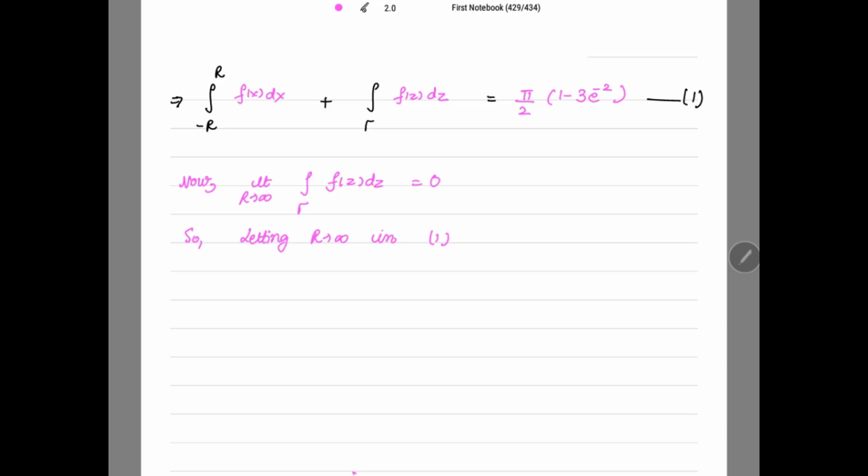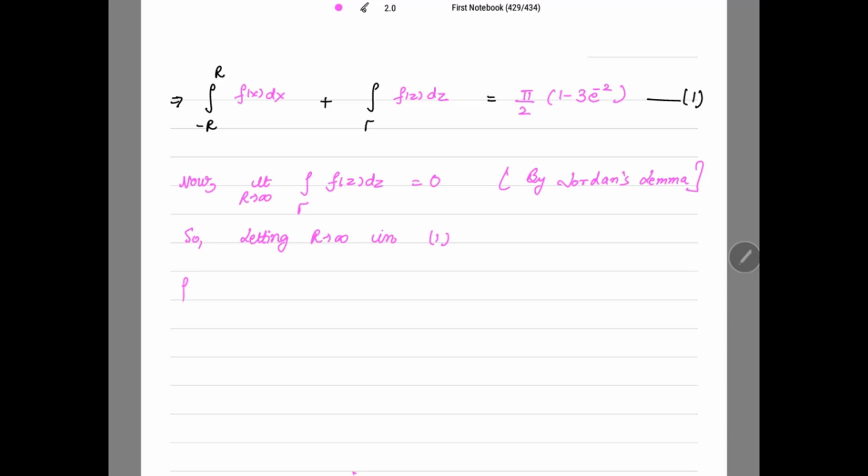So from that, the limit r tends to infinity of the integral over tau f(z) dz is equal to 0 by Jordan's lemma, because our function is a meromorphic function. And now because this is 0, I have to let r tend to infinity in the whole equation 1.